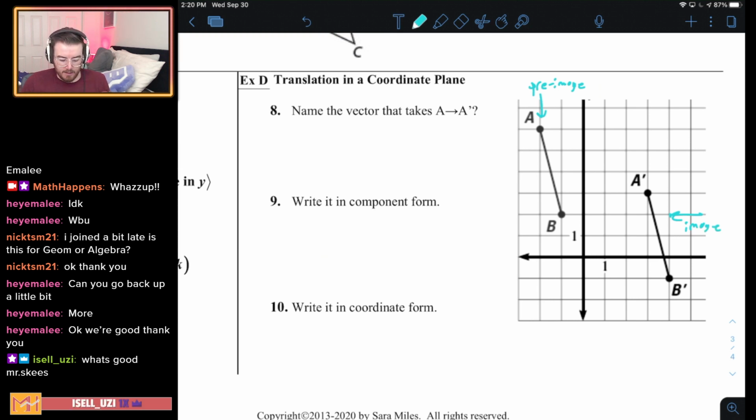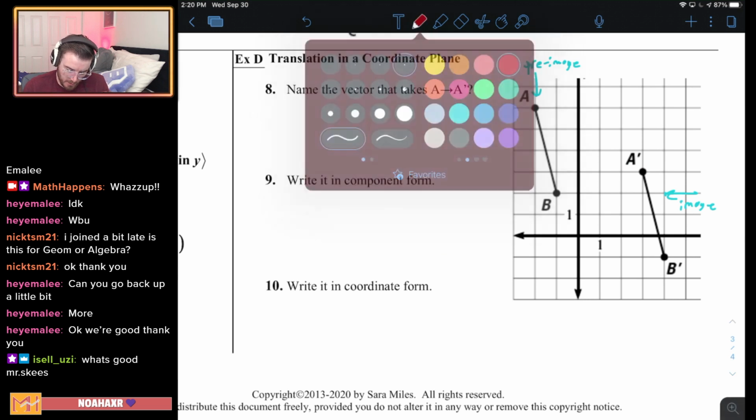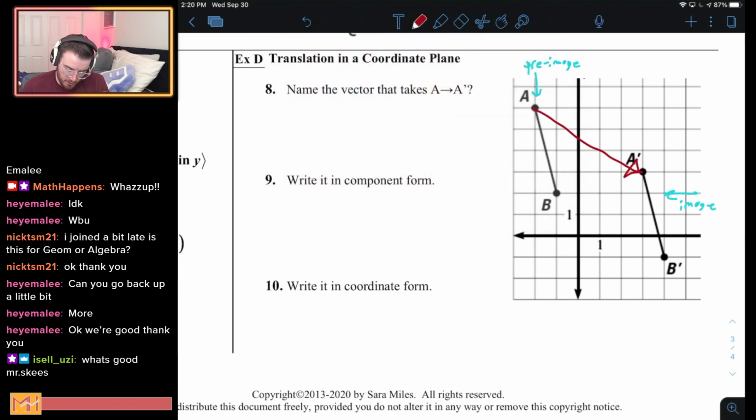And it asks what vector got us here. What vector shifted A to A prime? What vector shifted us from B to B prime?